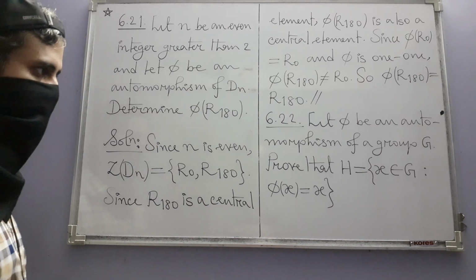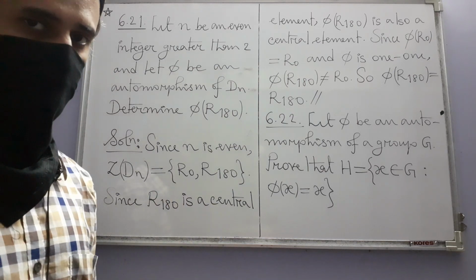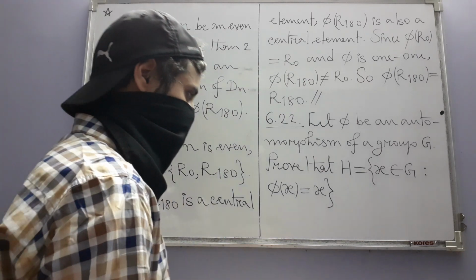So we collect all those elements and that subset of G is called H.